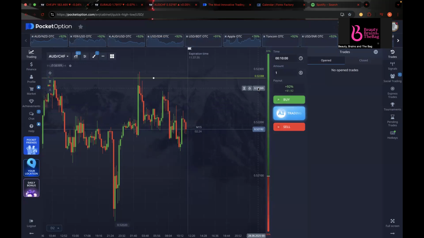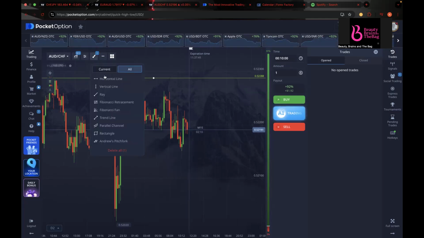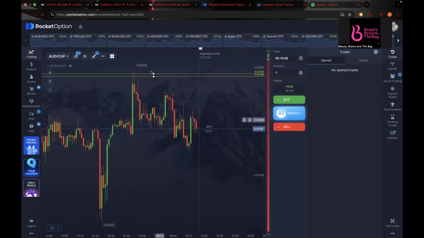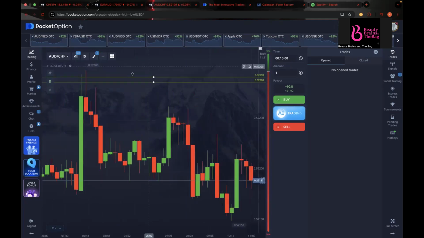And that 5 pipette difference means I cannot come here and put my line and say, oh, I got 93 on TradingView. So I'll put 93 here. You see the difference between here and here? There's a gap.